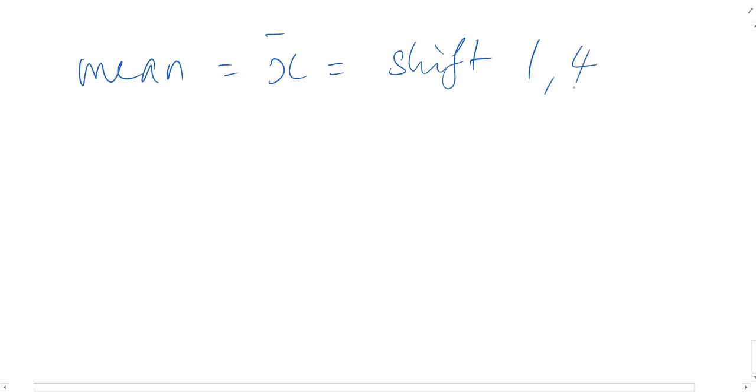So mean, x bar, equals shift 1, 4, 2. Shift 1, 4, 2. Alternatively, we can use summation x over summation f.